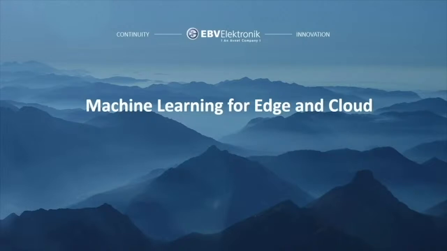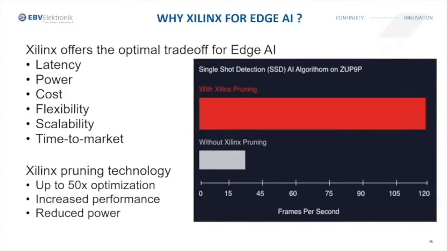Next, a few words about machine learning. XILINX offers an optimal trade-off of latency, power, cost, flexibility, scalability, and time to market. XILINX's unique pruning technology can provide up to 50 times network performance optimization, resulting in increased performance or frames per second and reduced power.